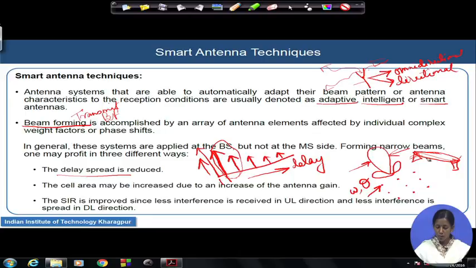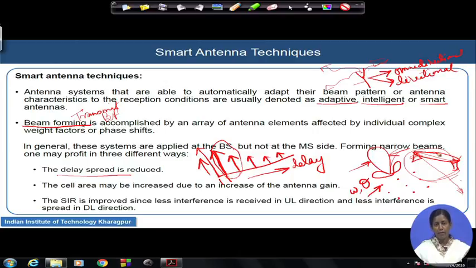So now you can increase the distance between the transmitter and the mobile station. Earlier, the cell size was like this with omnidirectional transmission, and with directional transmission your cell area can now be increased. And even if you do not do that and stay confined to the earlier cell area, your signal to interference ratio is definitely heavily improved.